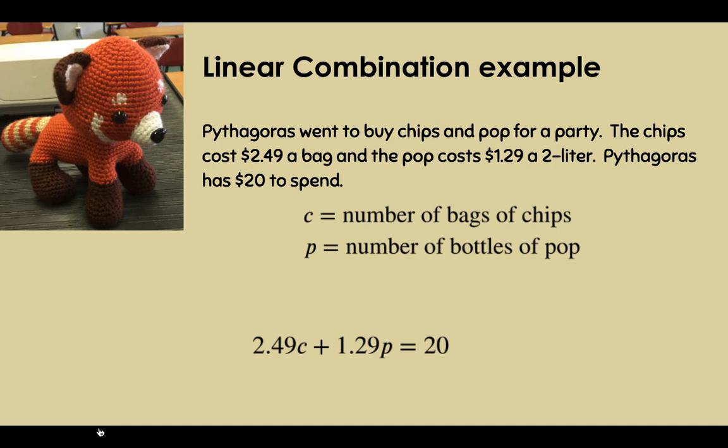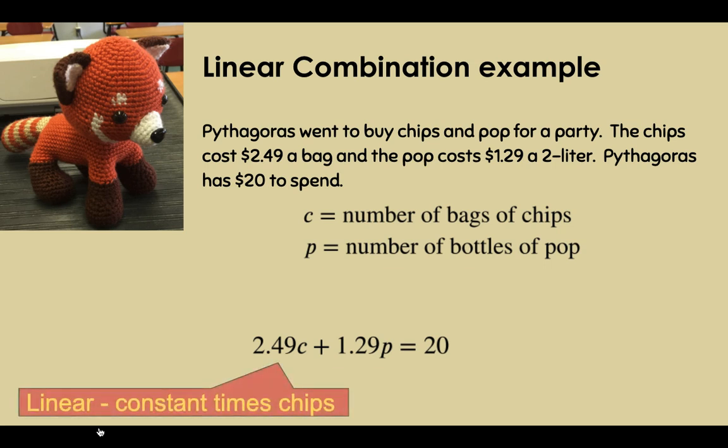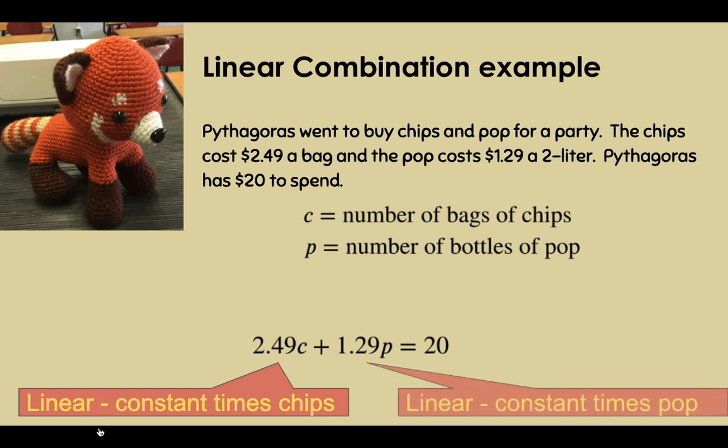Our linear combination will be 2.49C plus 1.29P equals 20. The 2.49C comes from the chips cost $2.49 for each bag. So 2.49 times C is how much you're spending on chips. That's your linear idea, constant times a variable. Same thing on here.